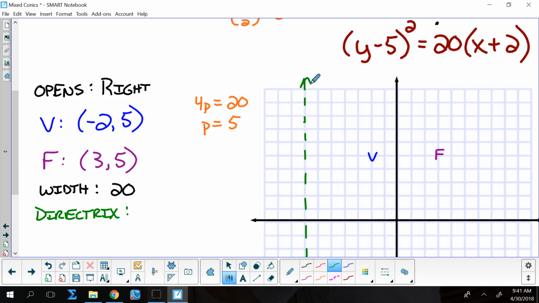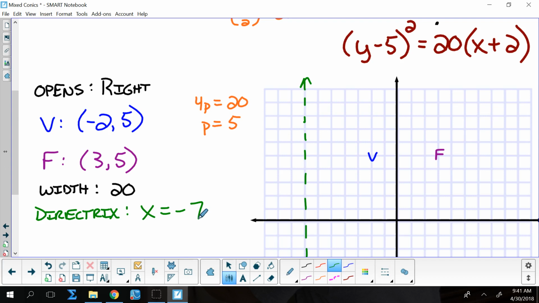Because I can't just say it's 5 away. X equals 7? X equals 7 is way over here. Oh, -7. X equals -7. So you do X when it's a vertical line, and Y if it's a horizontal. Yep.